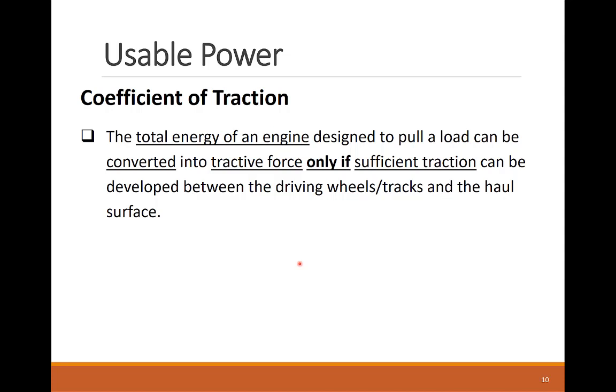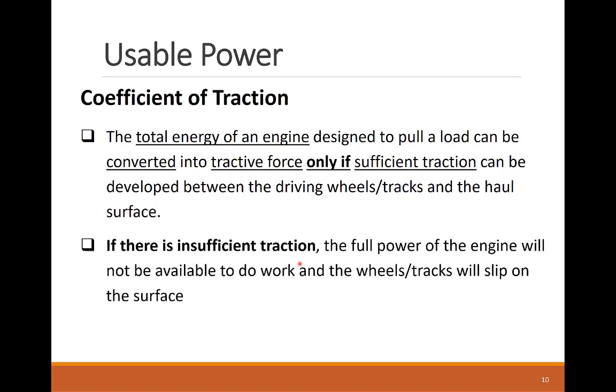The rimpull will be fully usable if the traction is sufficient and will not cause the wheel to slip. Even if you have the most efficient equipment with the strongest engine, driving on a slippery road with lower traction will limit how much power you can use to move a load.